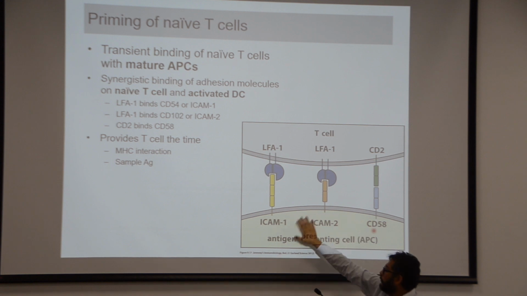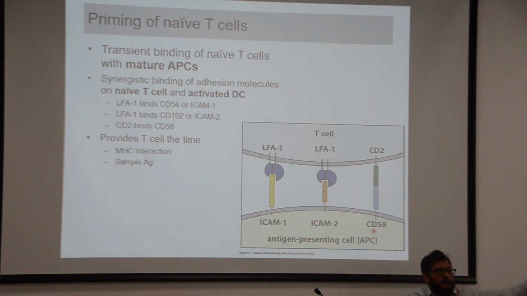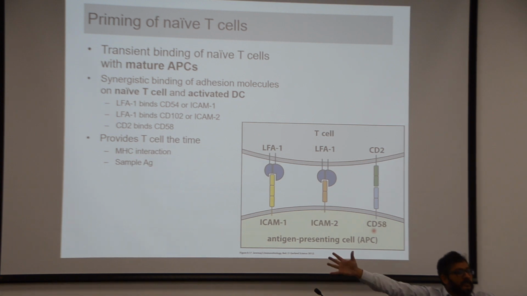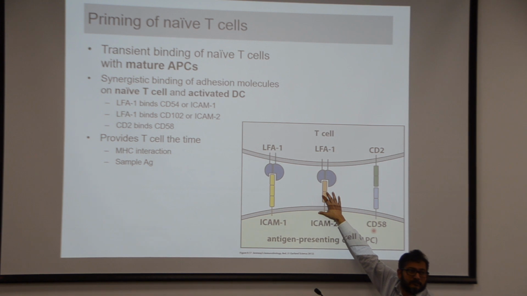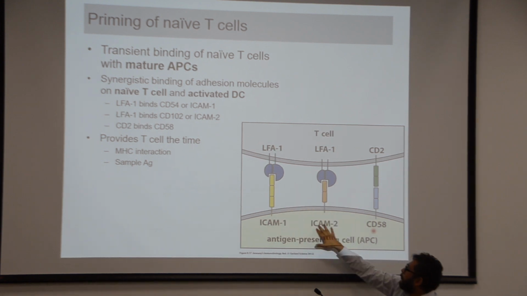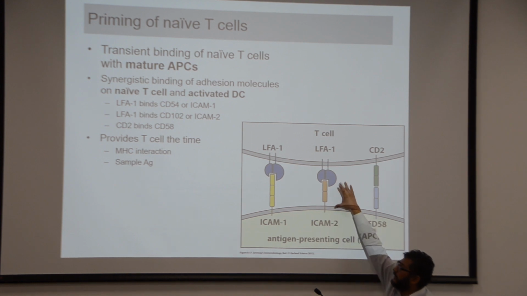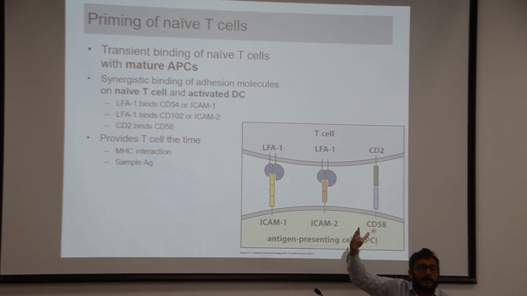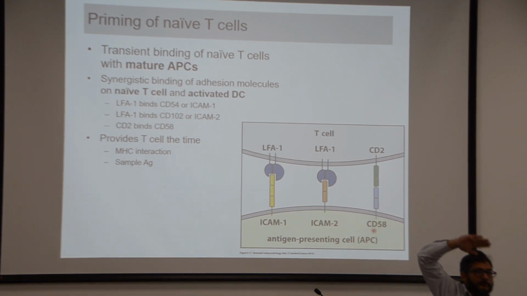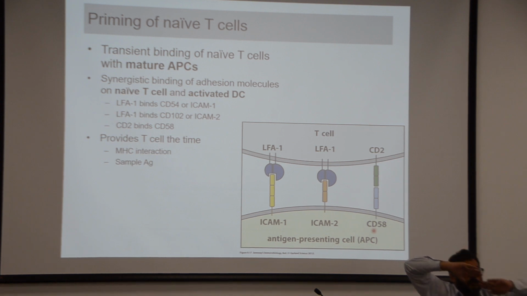Okay? So your antigen presenting cell is sitting in the lymph node waiting for the correct T cells to come. If a T cell comes using LFA1 with ICAM1 and 2, it tries to engage. And once this engagement happens, it gives a little time for the T cell receptor and the MHC to come and align with each other, because they can be just spatially arranged in a totally different place.